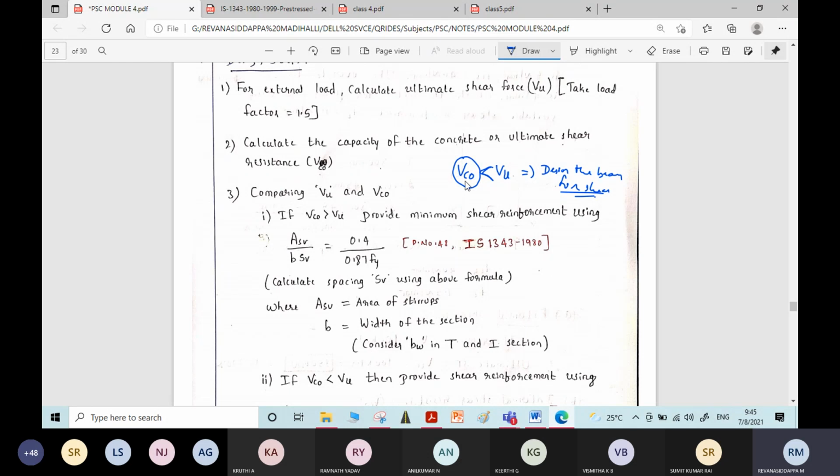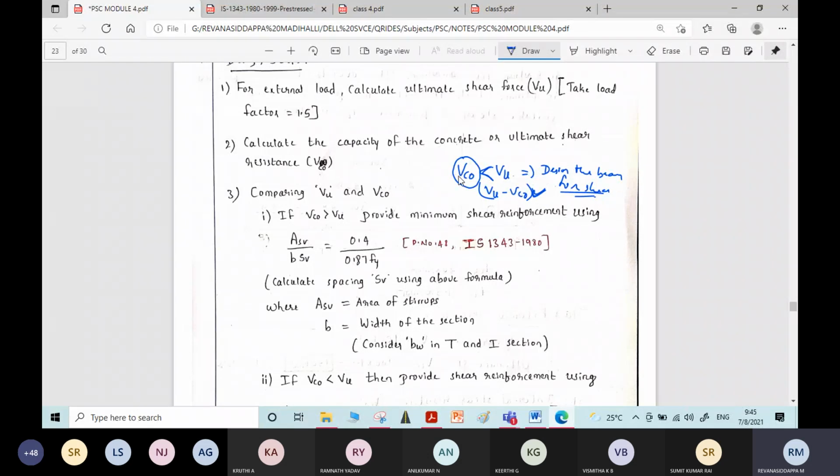First we will calculate the shear resistance of the beam, then that will be compared with the actual shear force acting on the beam. If it is less, then we have to perform the design for shear. For the rest of the shear force, Vu minus Vc0, we need to perform the design. We need to give extra shear reinforcement.